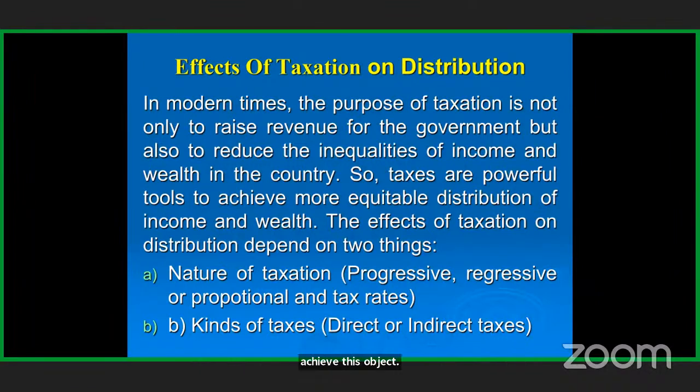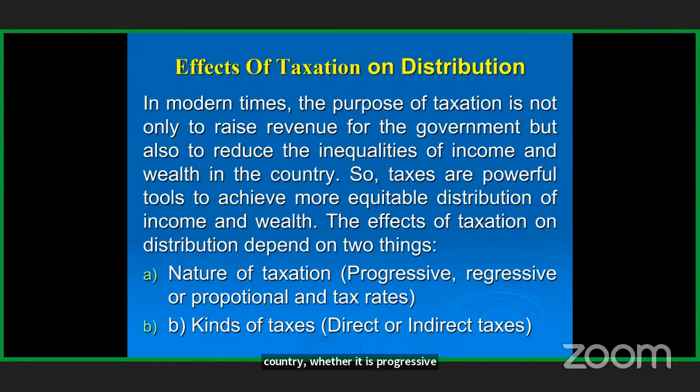So the effects of taxation on distribution of income and wealth among the different sections of the country depend on two things: the nature of taxation or tax rates, and the kinds of taxes. If we examine the effects of taxation on distribution, we should understand the tax system in a country, whether it is progressive, regressive, or proportional.